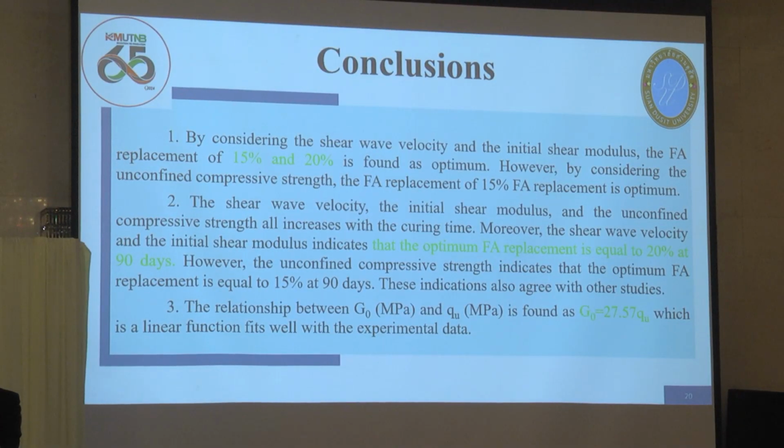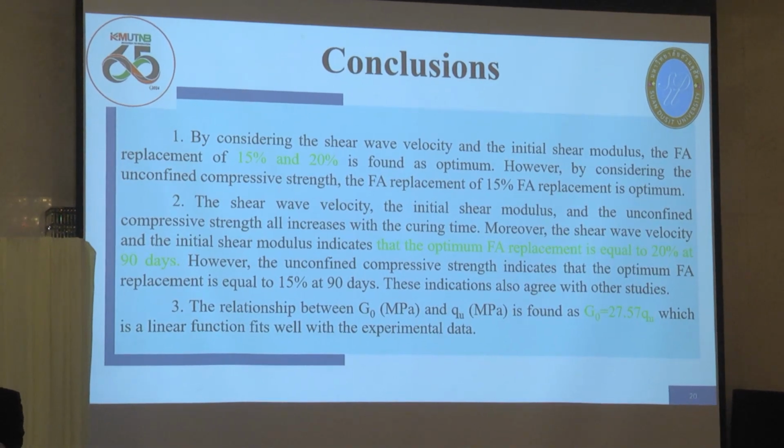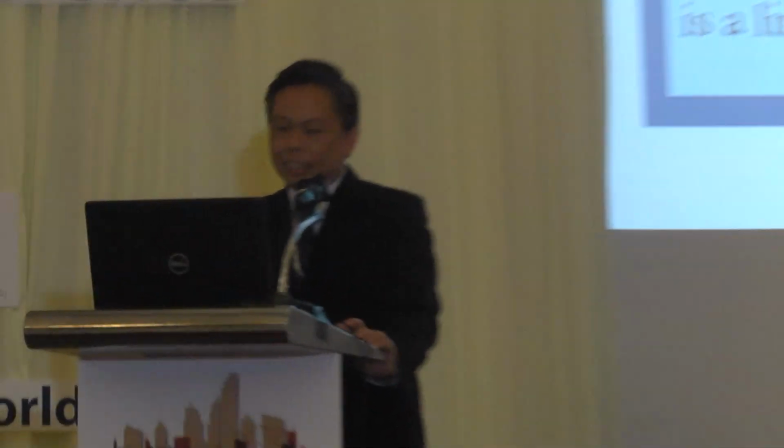Conclusion. One, by considering the shear wave velocity and the initial shear modulus, the fly ash replacement of 15% and 20% is the optimum. Two, the shear wave velocity and the initial shear modulus indicate that the optimum fly ash replacement is equal to 20% at 90 days.